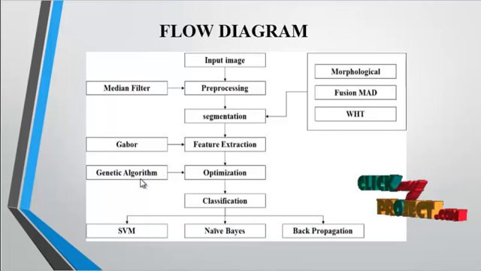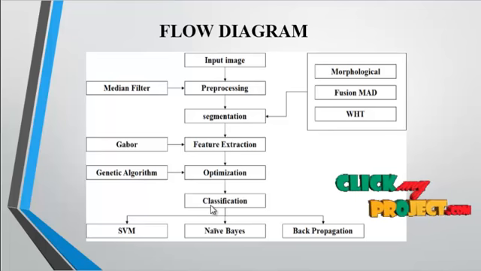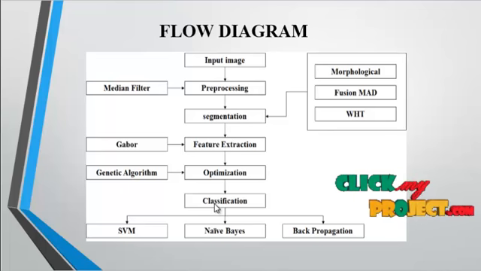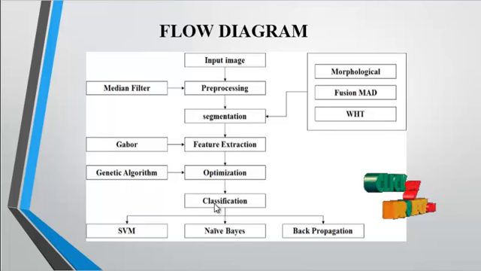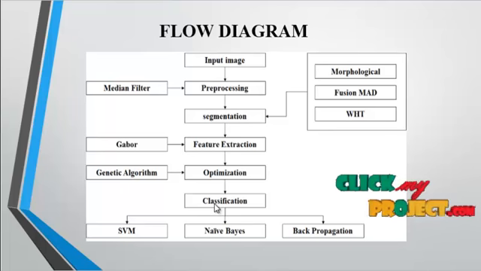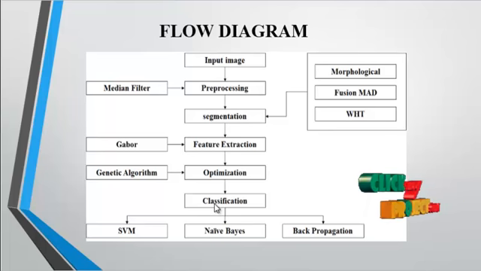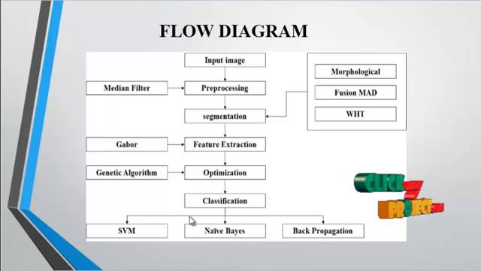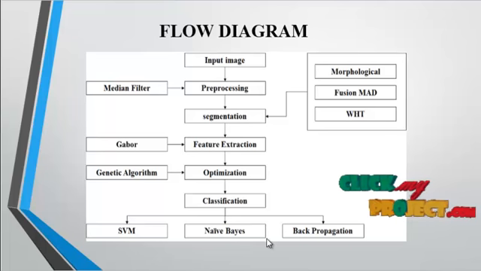After the feature selection method, the feature classification is carried out. In the feature classification method, three inputs are given for the classifier: test feature, train feature, and the targeted labels. After the classification process, we use three main classifiers.